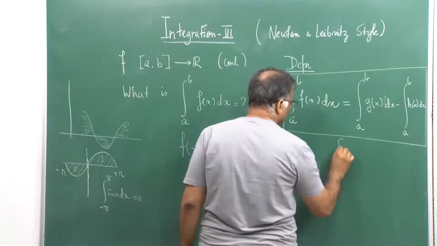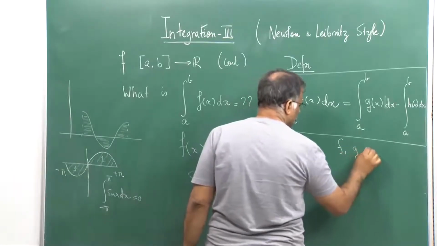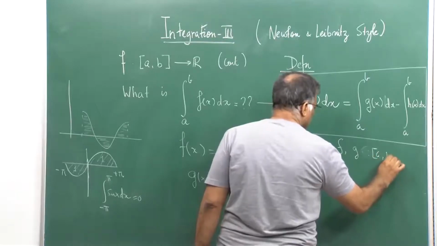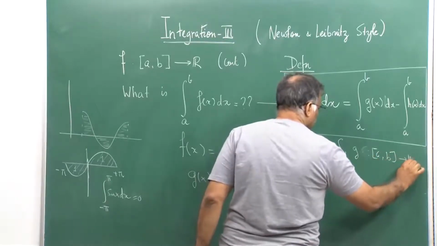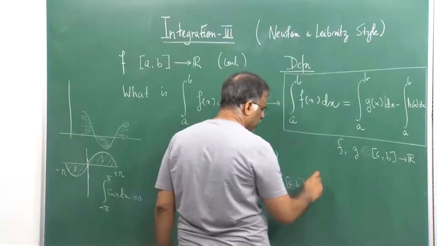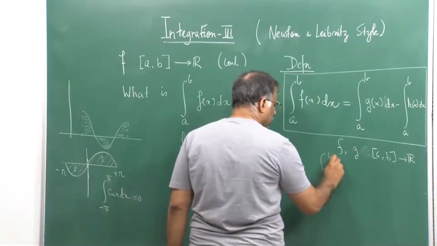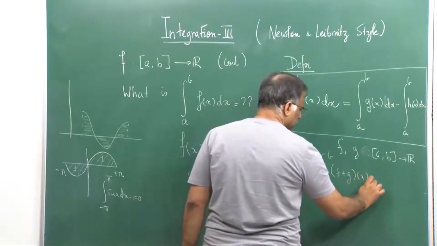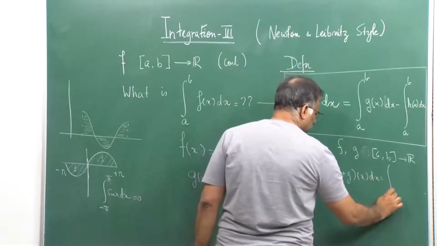For example, if f and g are functions from [a, b] to R, it doesn't matter whether they are non-negative or not, this would again be true.